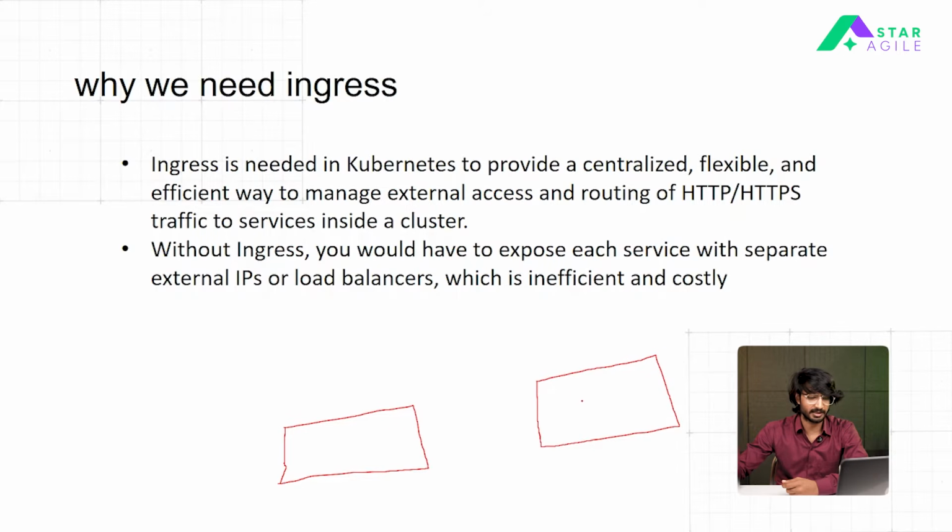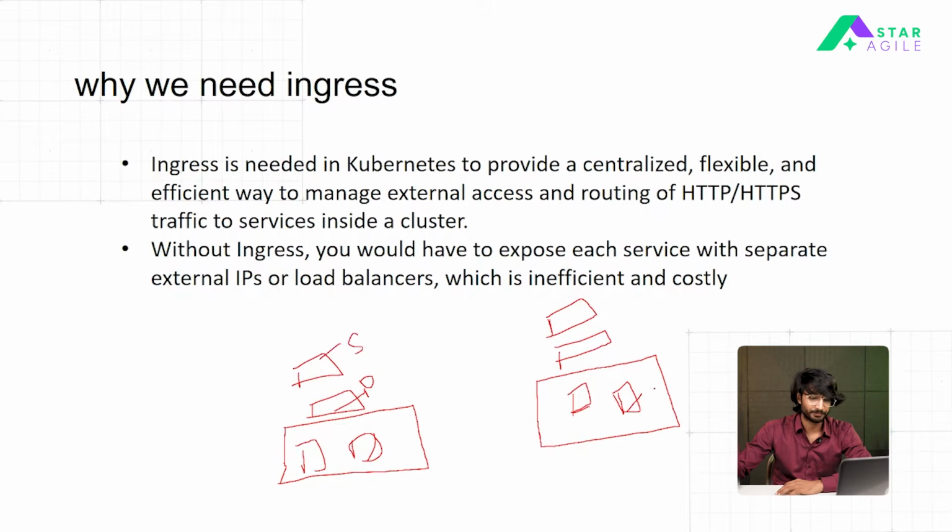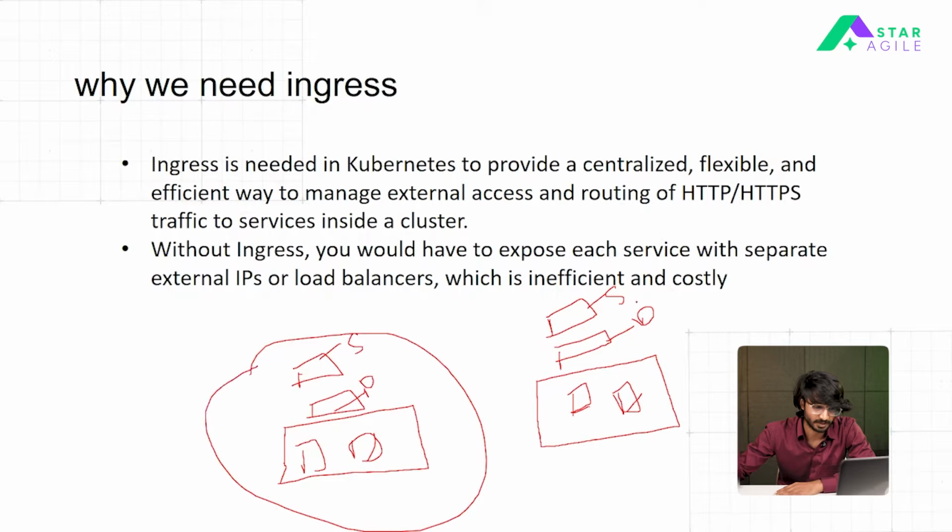Each cluster has 2 pods with a proper deployment as well as a service. So they each have their own service and deployment. This is cluster 1, and this is cluster 2.